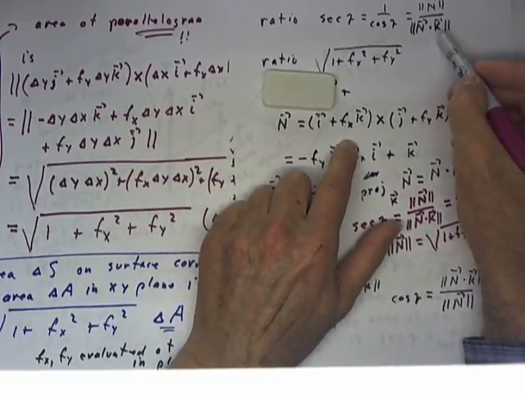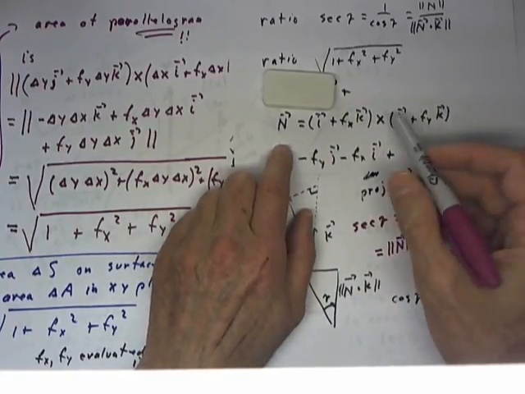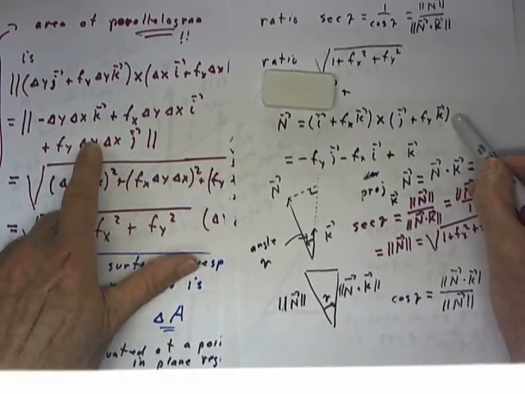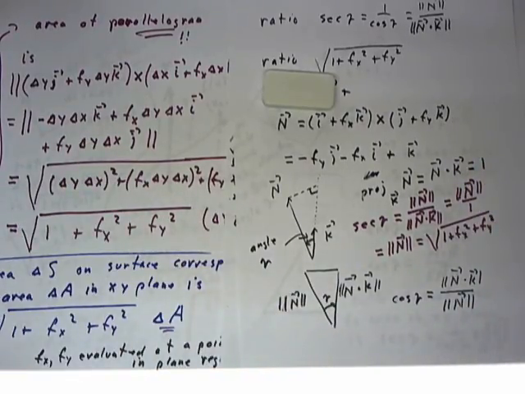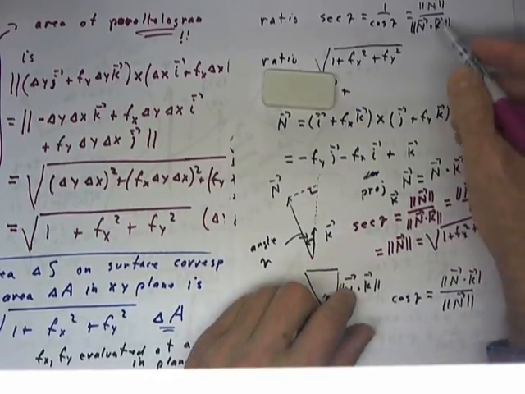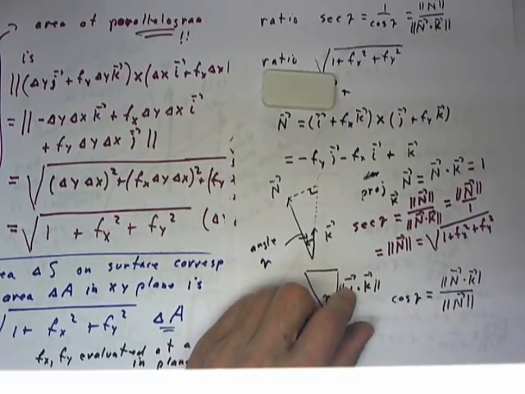So it's going to divide out. No matter what normal vector we used, had we included our delta x and our delta y with the normal vectors that we used here, it would have all divided out. We would have still gotten the same ratio for magnitude of n over the magnitude of n dot k.